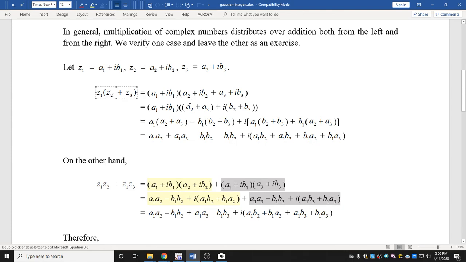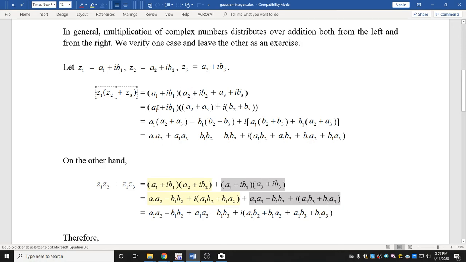So we did that right here. z2 plus z3 is the real part a2 plus a3 plus the imaginary part (b2 plus b3) i. And now we're going to proceed to multiply z1, which is a1 plus i b1, times the complex number we just obtained in the parentheses.